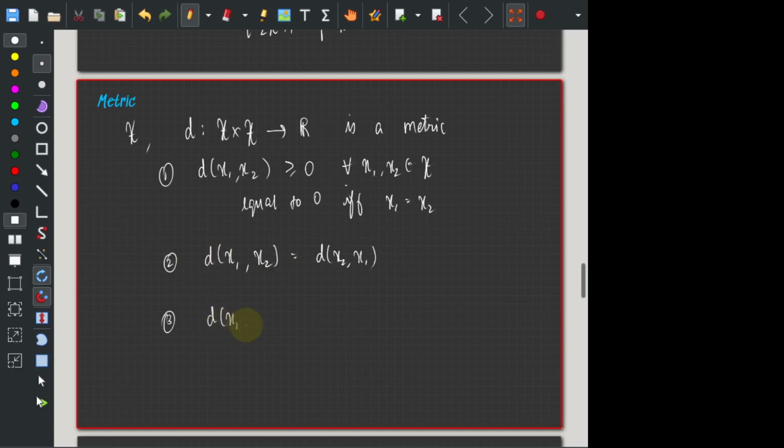So d of x1, x2 plus d of x2, x3 should be greater than or equal to d of x1, x3. You take any 3 points, the direct distance from x1 to x3 is always less than or equal to the distance required to go from x1 to x2 and then x2 to x3. Right? So any such d is called a metric, or sometimes called a distance measure.